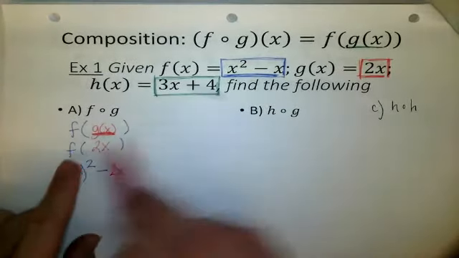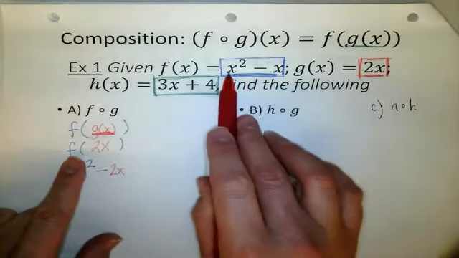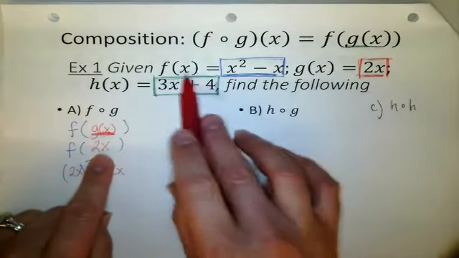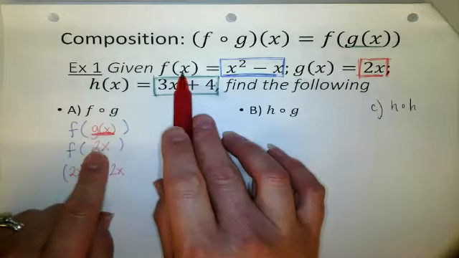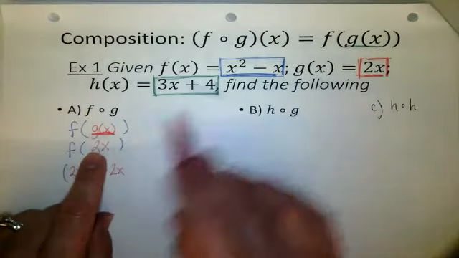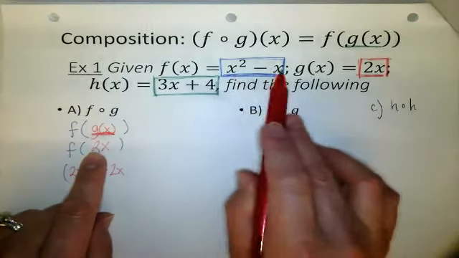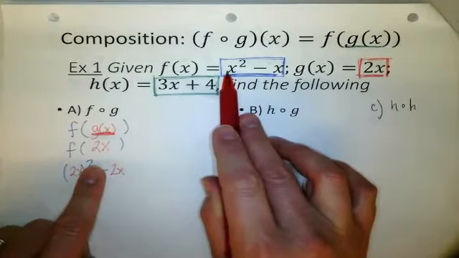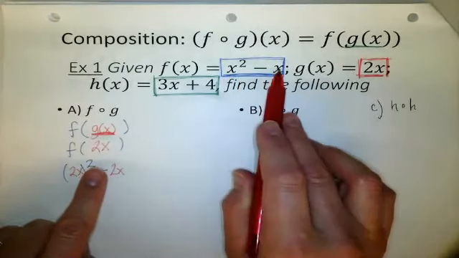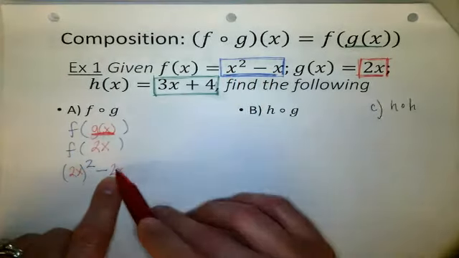So this said, hey, go to your F function. There it is right there. But it says, I don't want you to use plain old X. What do you need to use? Instead of X, 2X. So you're placing 2X everywhere we have an X. So instead of X squared, it's 2X being squared. And then instead of minus X, it's minus 2X.